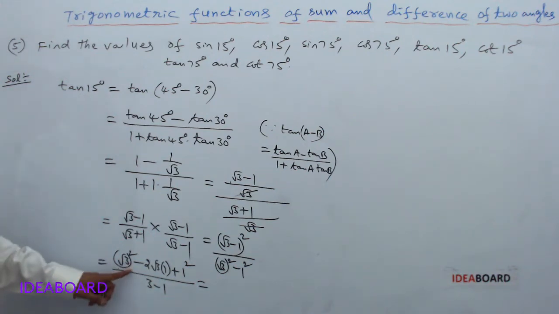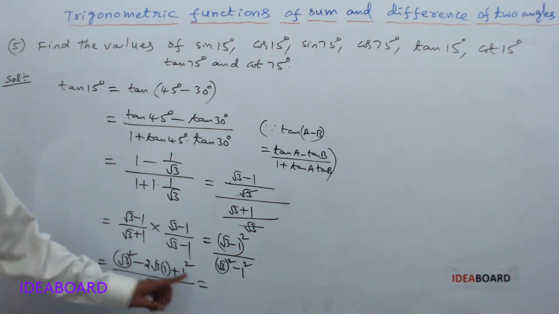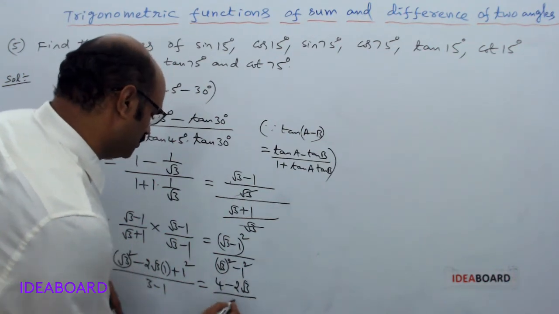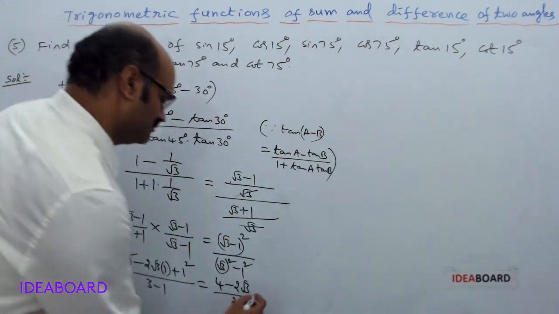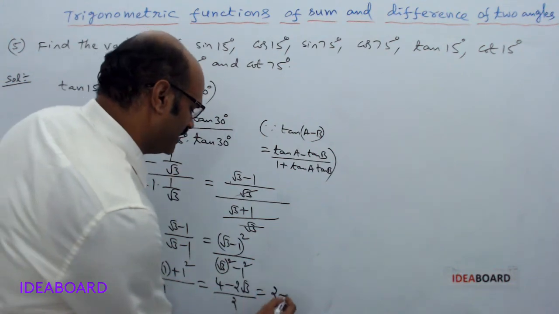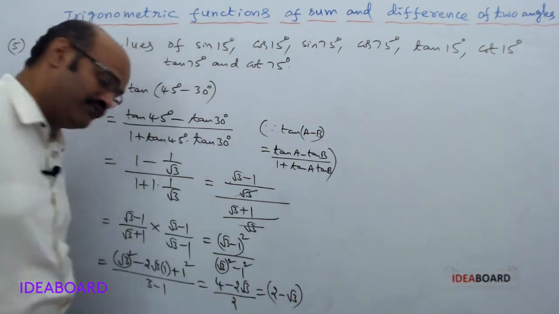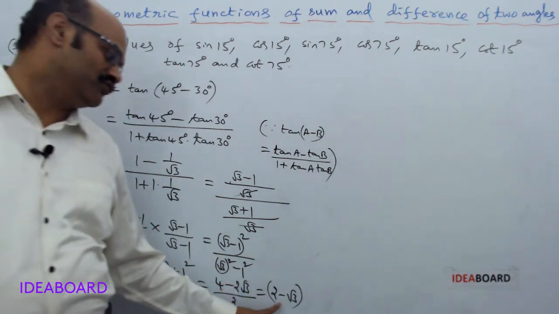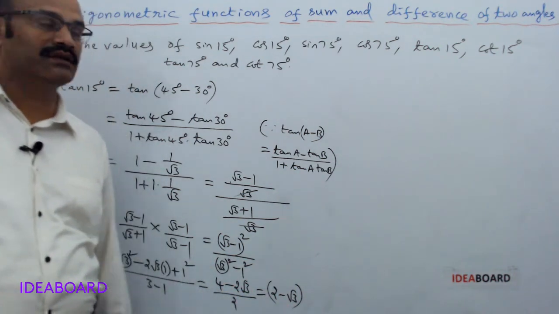Root 3 whole square is 3, 3 plus 1 is 4, 4 minus 2 root 3 by 2. Take 2 common, then we get 2 minus root 3. Therefore, tan 15 degrees equal to 2 minus root 3.